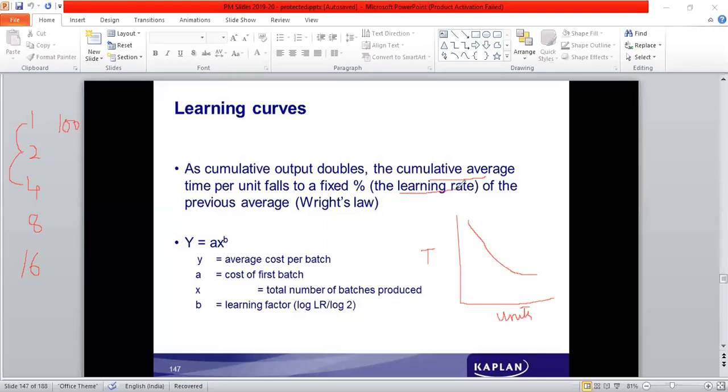The learning rate is some percentage which is observed from past records. When they observe how the time taken was reduced, they build it on that. So from the past data, they build a percentage. Let's say that it is 80%. So the decrease in time would be to the extent of 80%.